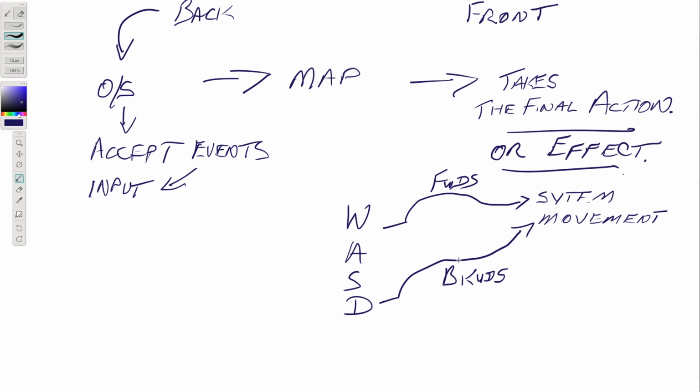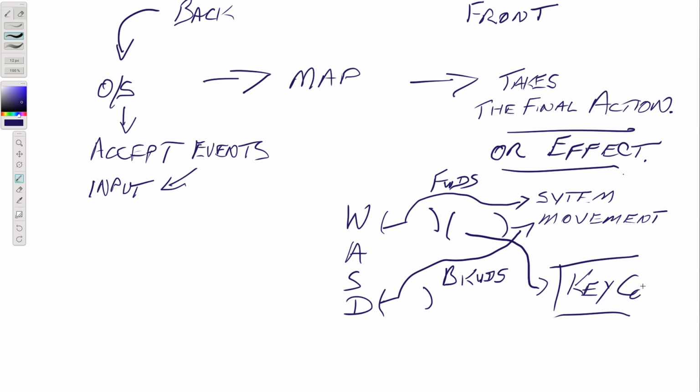Okay, but also W could be part of a key combination for something else. So put brackets around that. So if you press W, it could go into another key combination. And that could drop out a completely different effect, like hover, or jump, or open a screen.